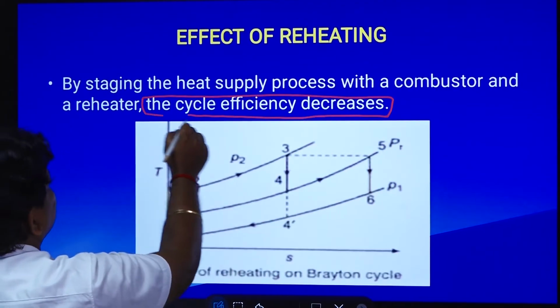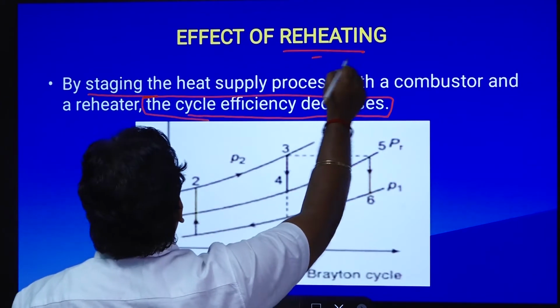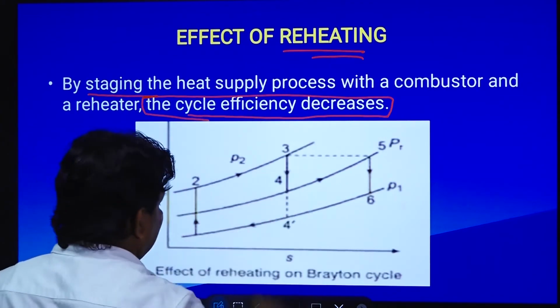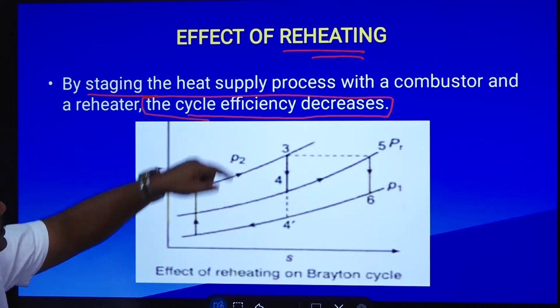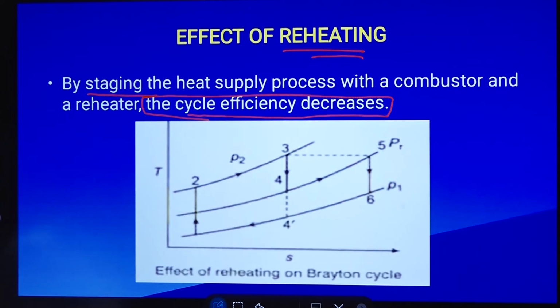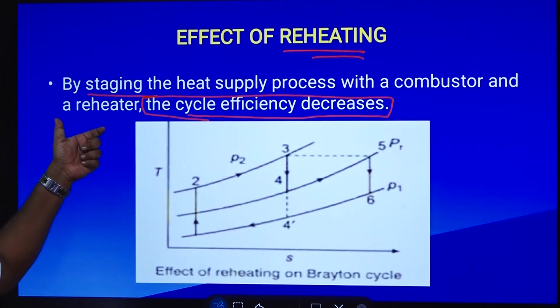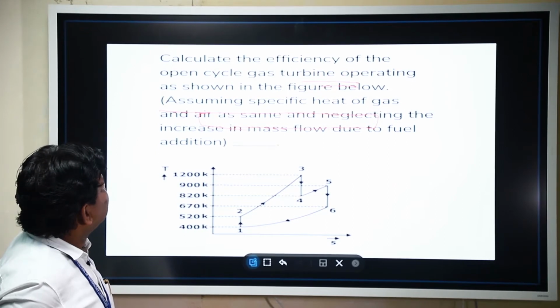So you have to note down that when you go for reheating, the cycle efficiency decreases. It is because of the heat supply process within the combustor and the reheater; when you go for staging the heat supply process with these two, the efficiency of the cycle decreases.